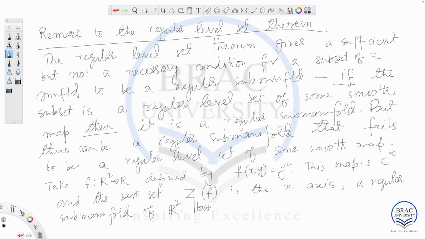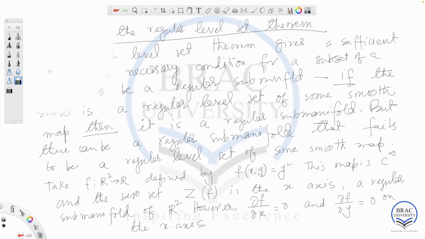However, observe that del f over del x is equal to 0, and del f by del y is also equal to 0 on the x-axis. Okay, what does that mean?